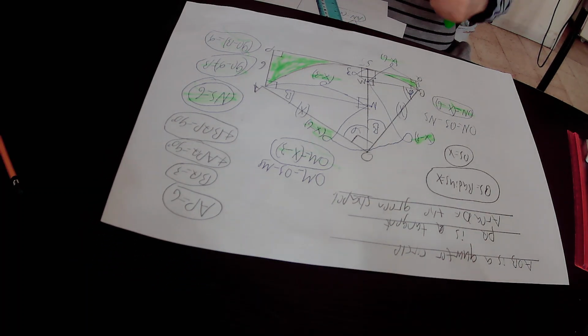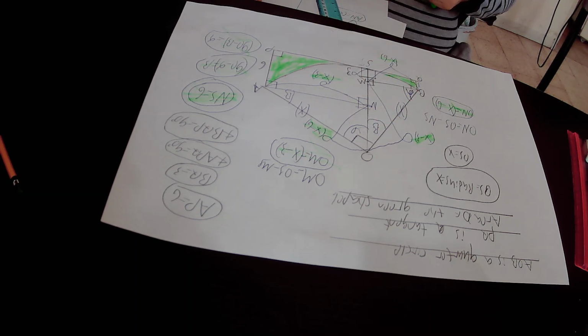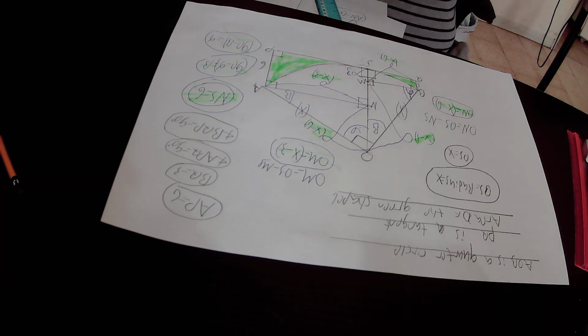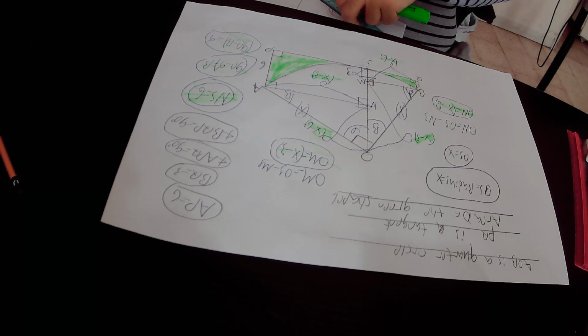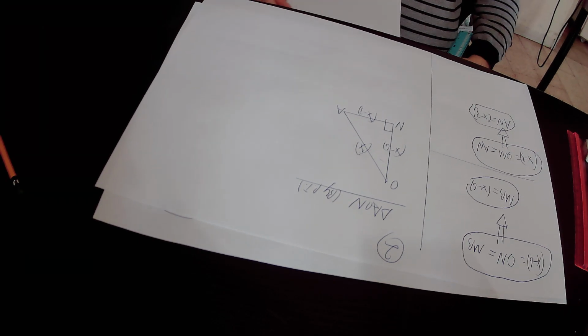AN equals x minus 3, ON equals x minus 6, and the hypotenuse OA equals x. It is also the radius of the quarter circle that is equal to x according to our definition. So actually, this is the right triangle AON that I copied from the original drawing.